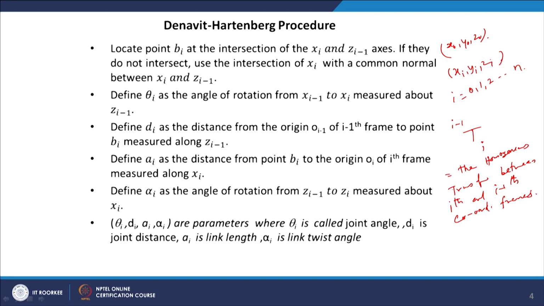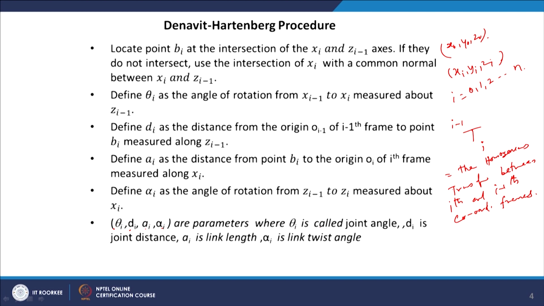So, the joint coordinate frames, how they are related, that is what we want to see. So, for doing that we have to define the parameters at every joint. So, there are 4 parameters theta I, di, alpha I and ai. These 4 parameters to be fixed at every joint.